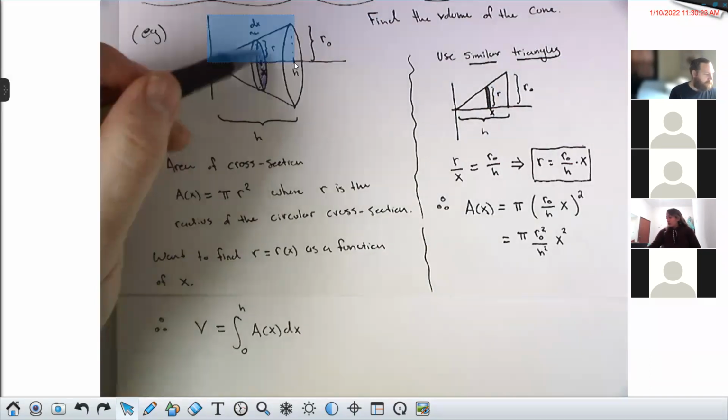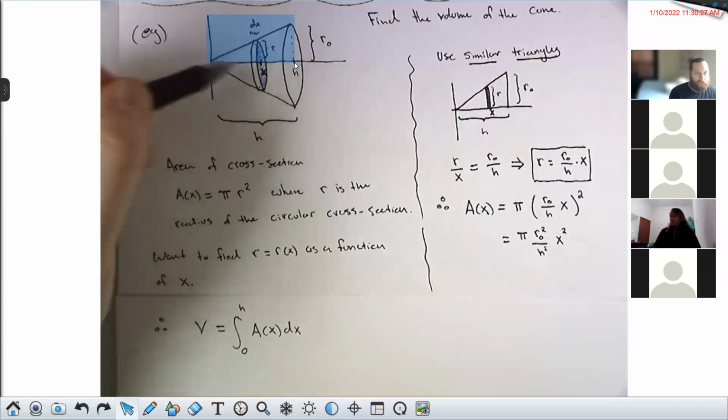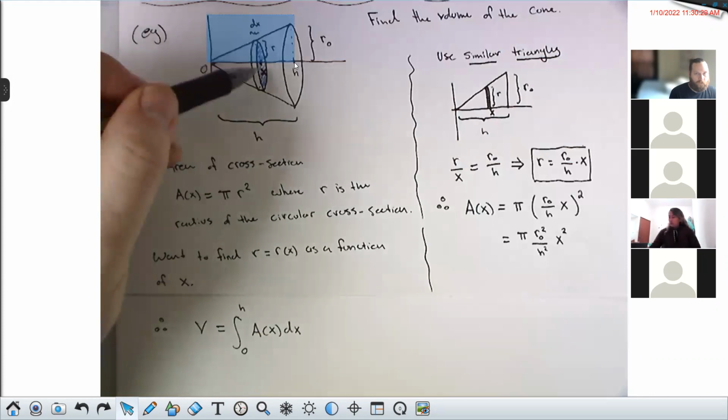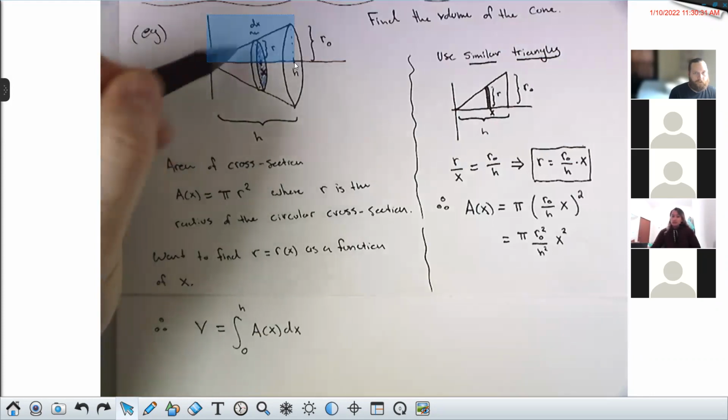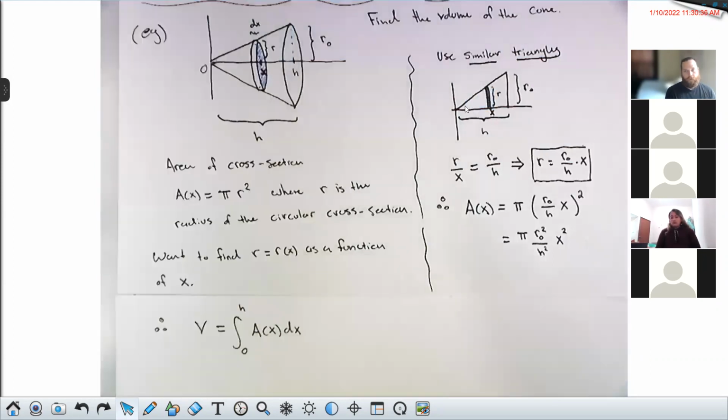My slice that I've taken creates another little right triangle embedded within the first. Because this little right triangle, which I've drawn over here, is embedded within the first one, the word is inscribed. They are similar triangles, which means the ratio of side lengths are the same.